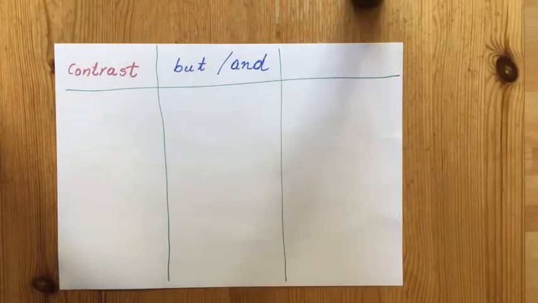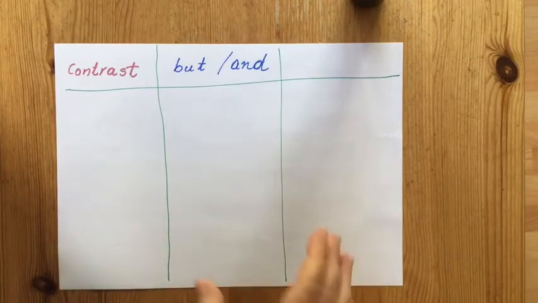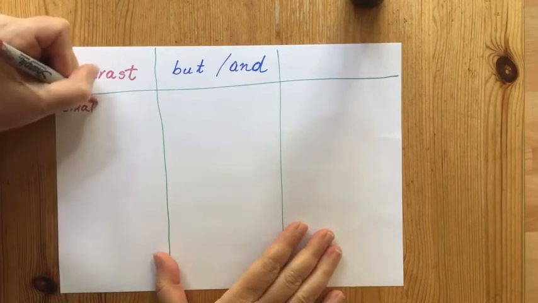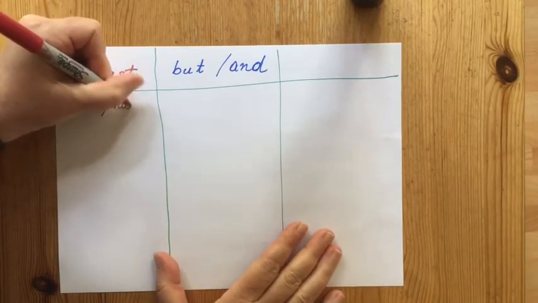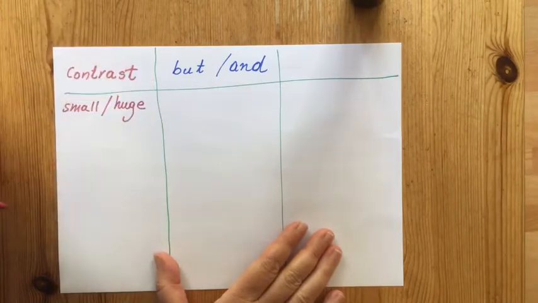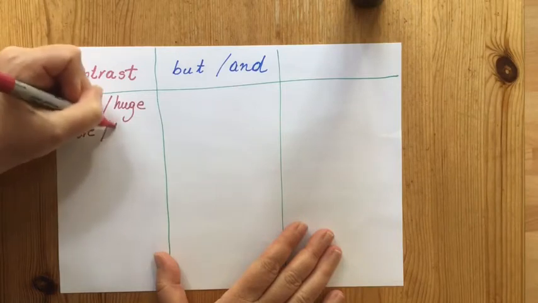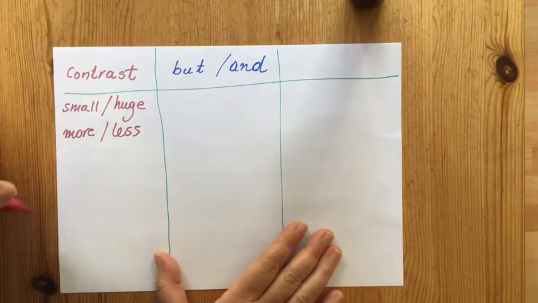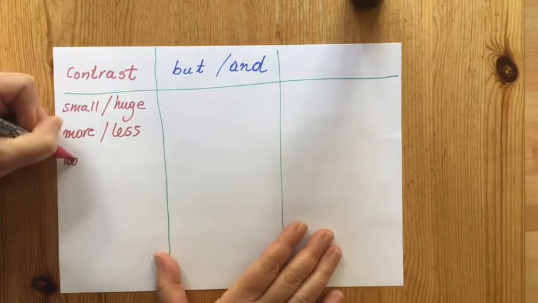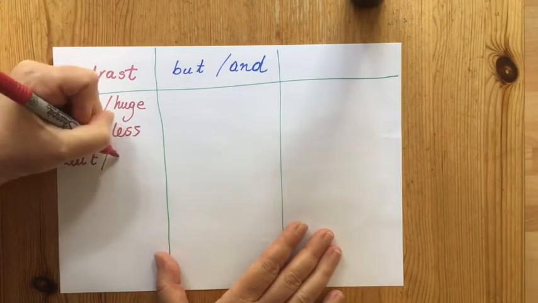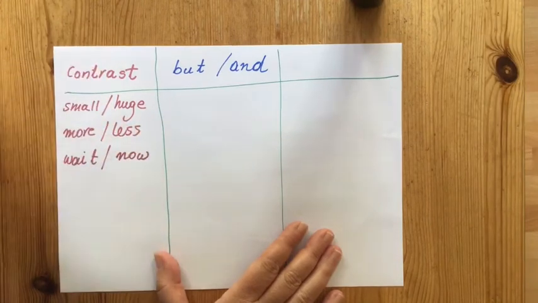So we have pairs of adjectives or nouns even that are opposites. So let's have a look. We have small, huge, more and less, wait, which is a verb, but he contrasts that with the word now, which does not imply waiting.